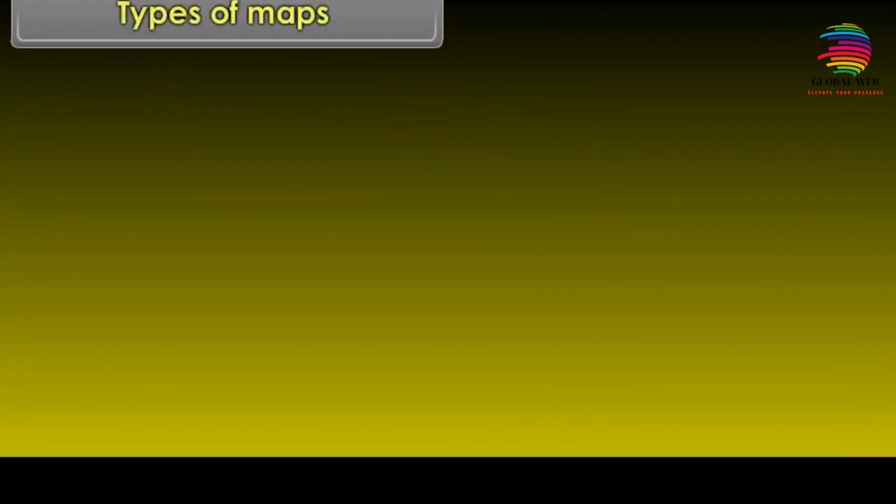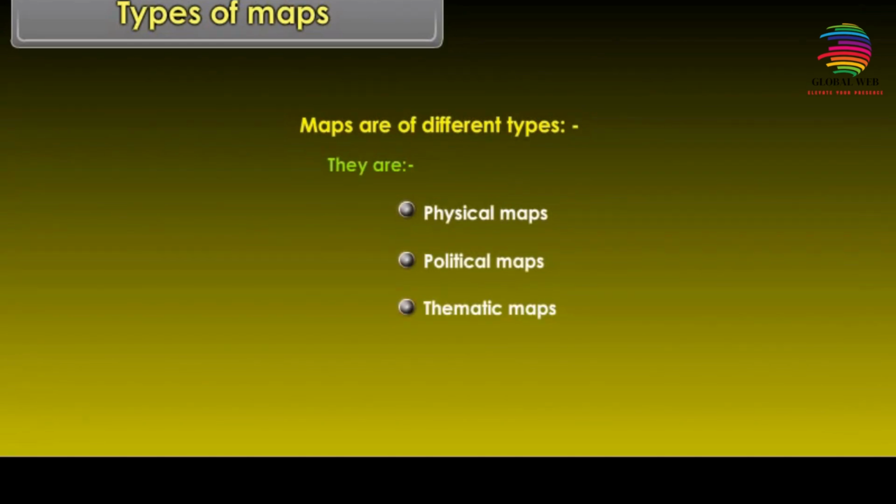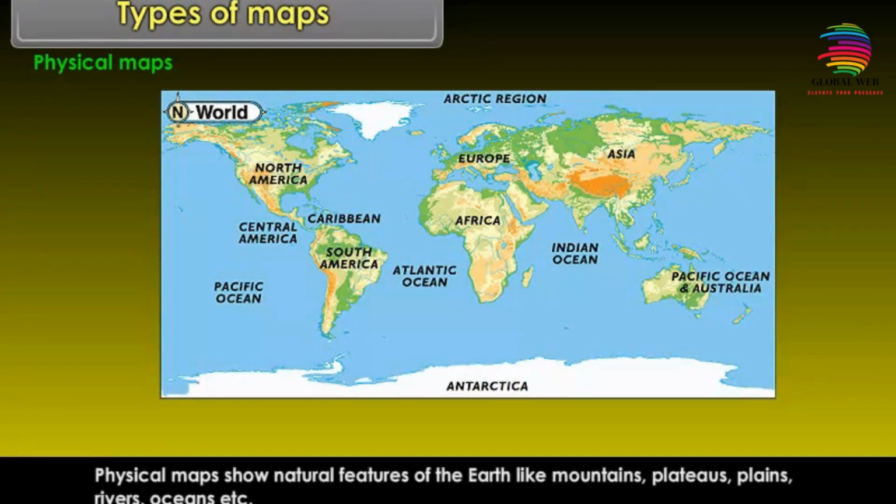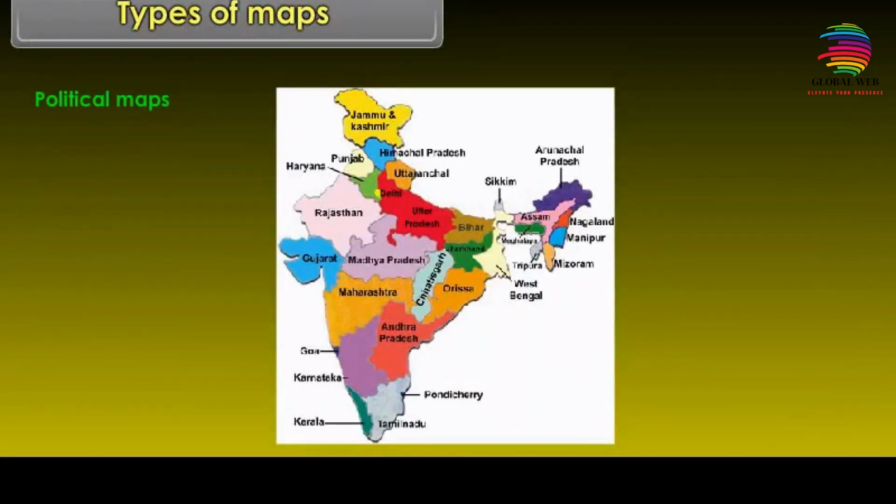Types of maps. Maps are of different types. They are physical maps, political maps, thematic maps. Physical maps. Physical maps show natural features of the Earth like mountains, plateaux, plains, rivers, oceans, etc. Political maps.